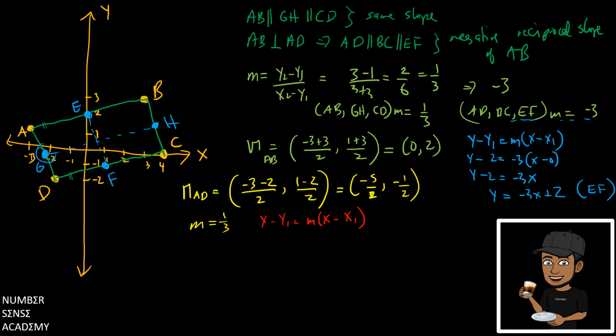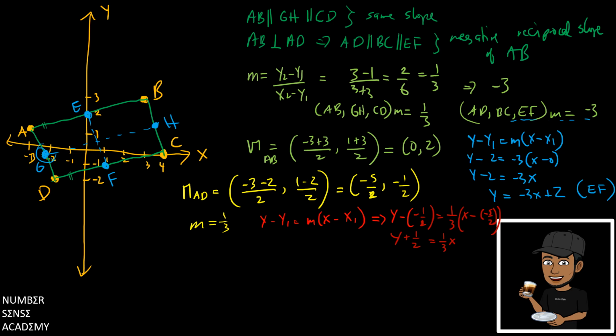This becomes y minus negative 1 over 2, just negative a half, is equal to m, which is 1 over 3 times x minus negative 5 over 2. So it's getting a little bit tight here. My apologies.